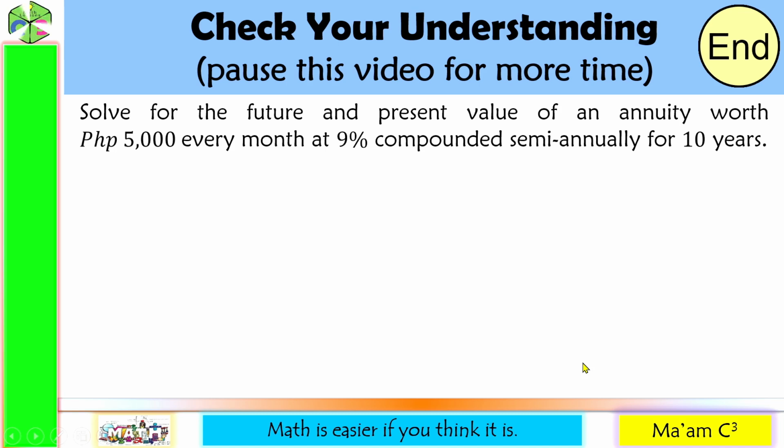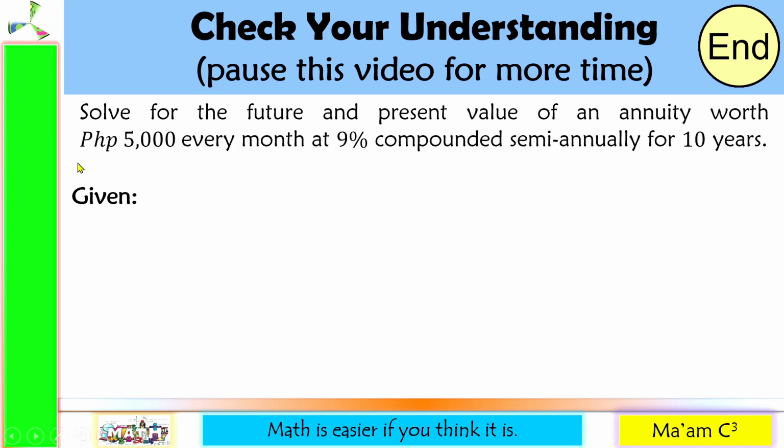Let us answer. Solve for the future and present value of an annuity worth 5,000 pesos every month at 9% compounded semi-annually for 10 years. Every month is the payment interval, but the conversion period is semi-annually. They do not coincide. This is a general annuity. Let us identify the given.